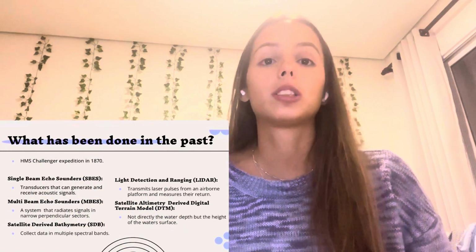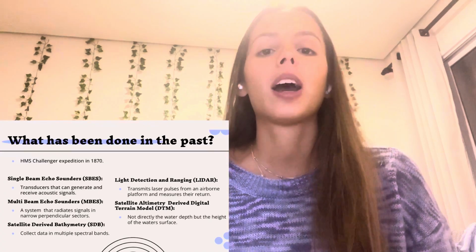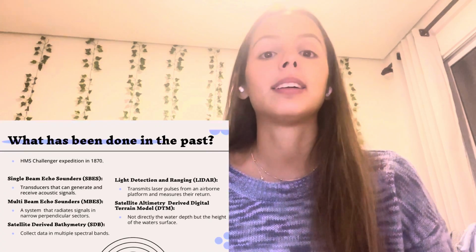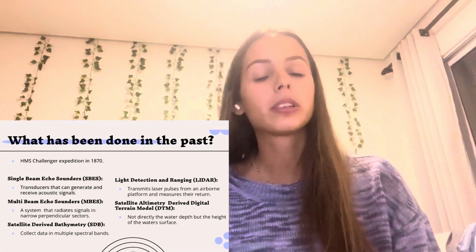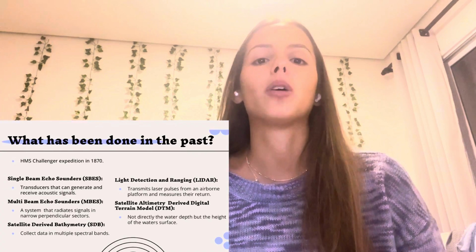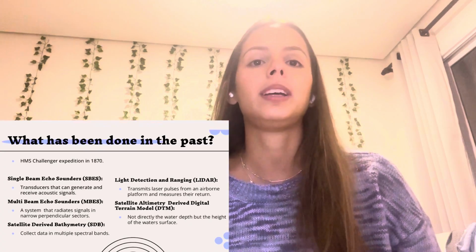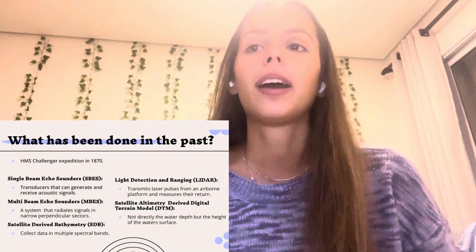So what has been done in the past about this topic? There is evidence that water depth measurements were being made dating back to ancient Egypt. But the mark that started ocean floor mapping was in the late 1800s with the HMS Challenger expedition.